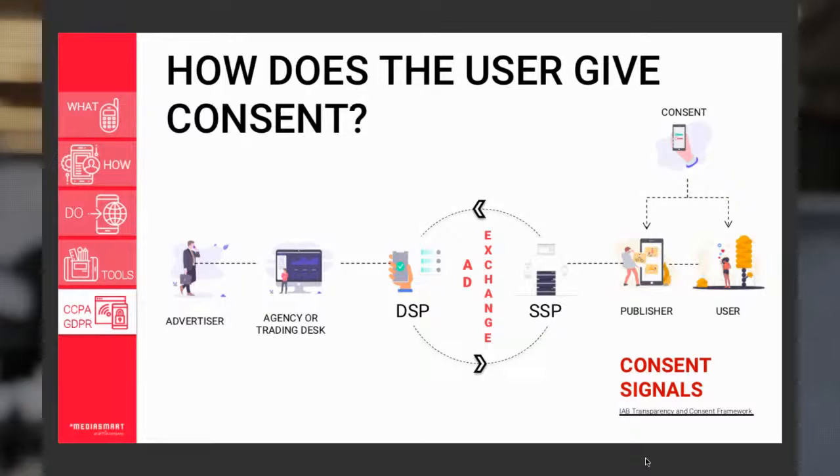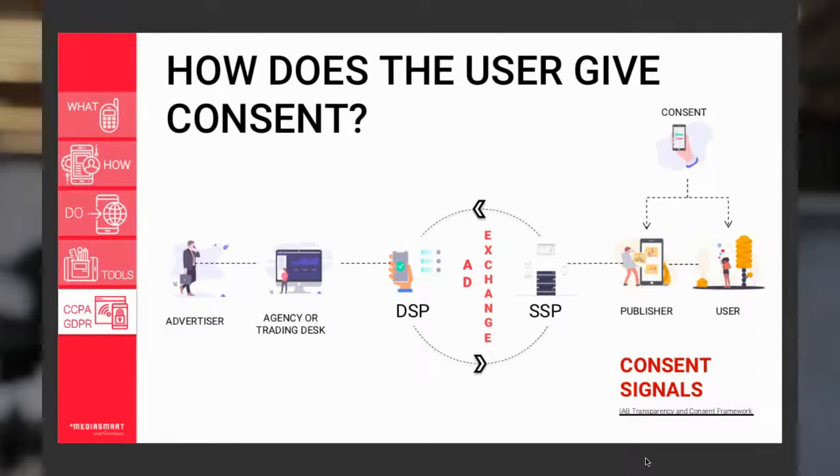So the user is the one who starts the consent, and that consent has to be given by the user to the publisher. Then the publisher passes on that consent under certain conditions to be used by the SSPs and the DSPs. But it's all based on consent signals.